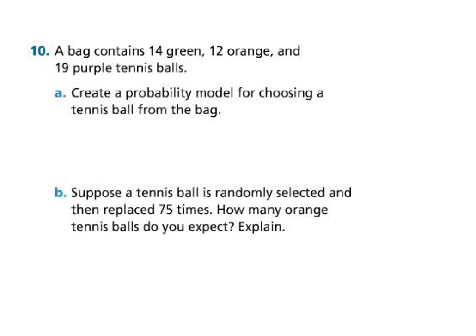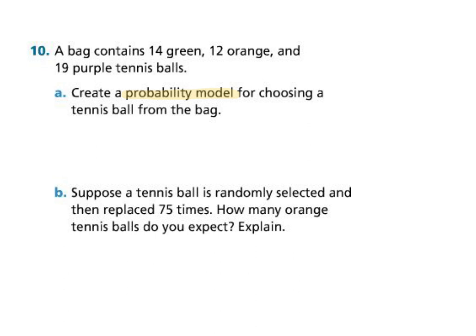Okay, number 10, a bag contains 14 green, 12 orange, 19 purple tennis balls. Part A, create a probability model for choosing a tennis ball. All right, probability model consists of your sample space and the probabilities of each event.